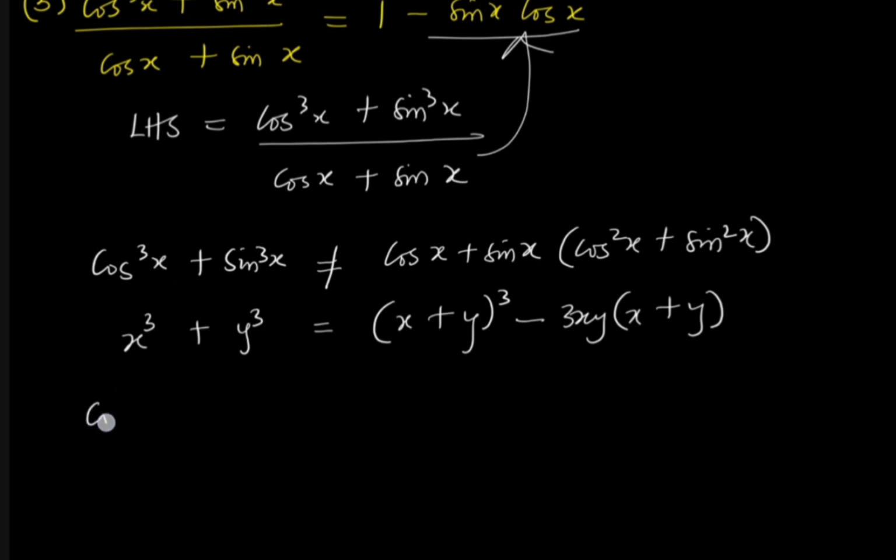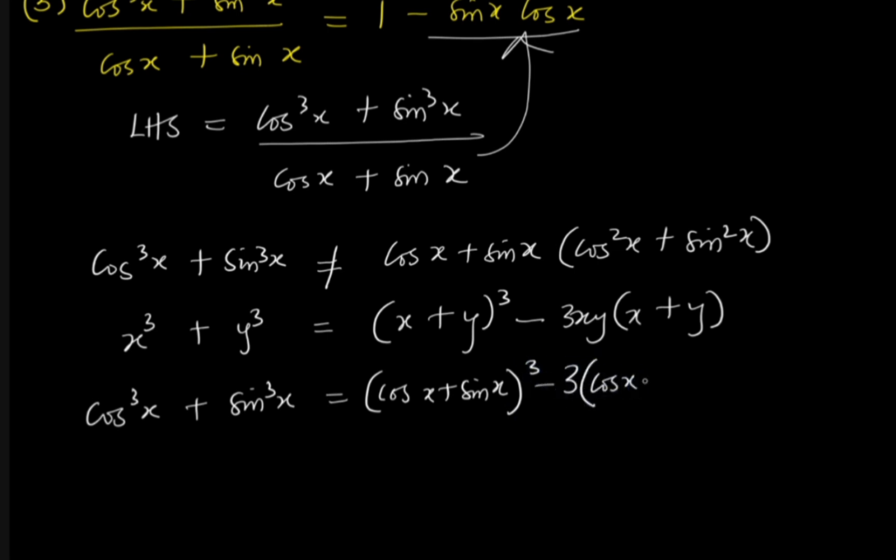So cos cube x plus sine cube x will therefore be, instead of x we write cos x, instead of y we write sine x, cubed, then minus 3, instead of x we write cos x, sine x, then in this bracket we'd have cos x plus sine x.